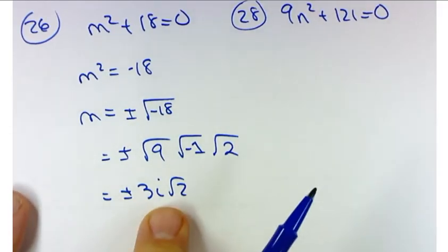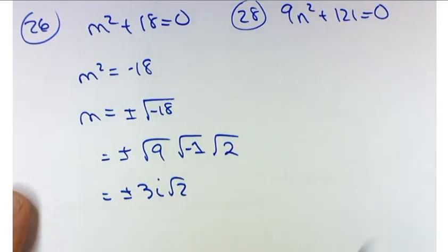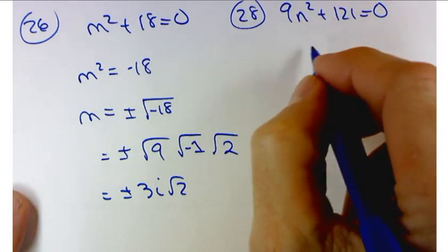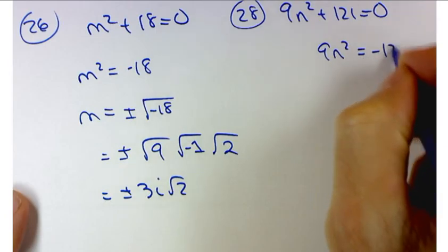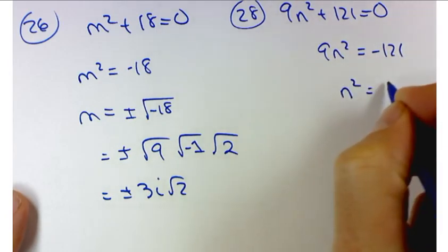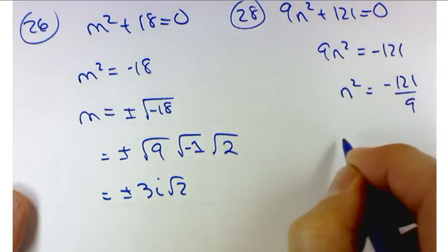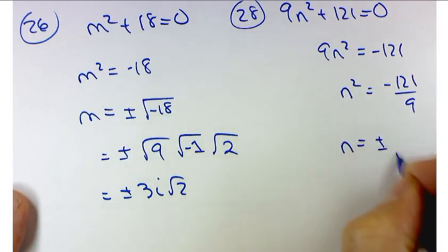Are we okay with problem number 26? Let's try problem number 28. 9n squared. When I move that over here, it becomes negative 121. Divide by 9. Take plus or minus the square root here.